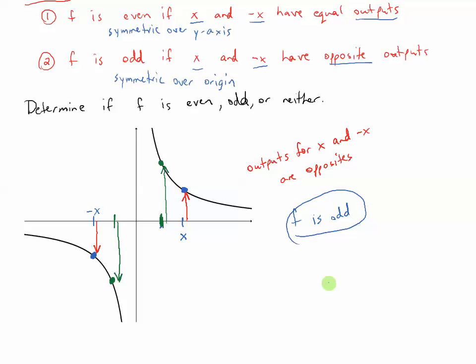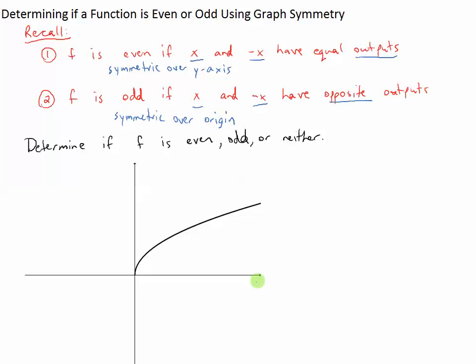Most functions are not even or odd, but they're special cases. They have some nice properties, so we're looking at them here. So here's a very common function, but it's not even or odd, and let's take a look. If we choose some x value, its output is this y value.